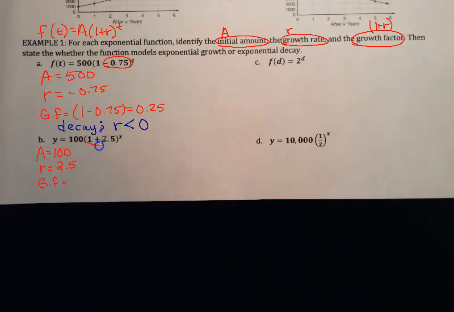Remember, that's when we add the two together. 1 plus 2.5 is? Excellent, 3.5. And is this showing growth or decay? Good, this is exponential growth, because r is greater than 0. It's 2.5, right? Our rate is always going to tell us.